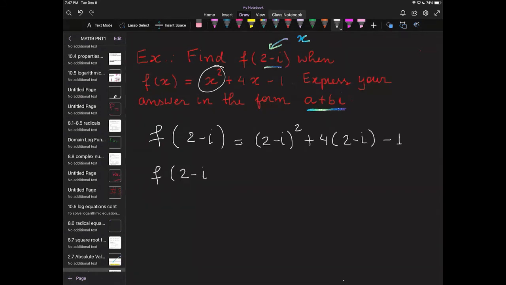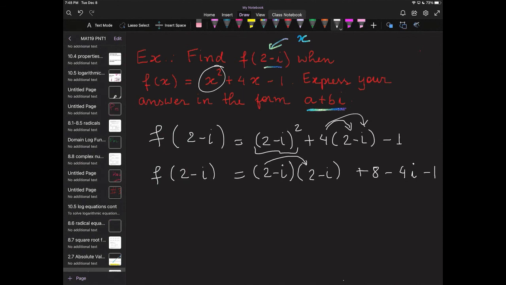Notice that we have to perform the square of the complex number, and the square means repeated multiplication, right? So you take 2 minus i and multiply 2 minus i. So we're going to have to distribute. Here I can already distribute, so that is plus 8 minus 4i, and then followed by negative 1.